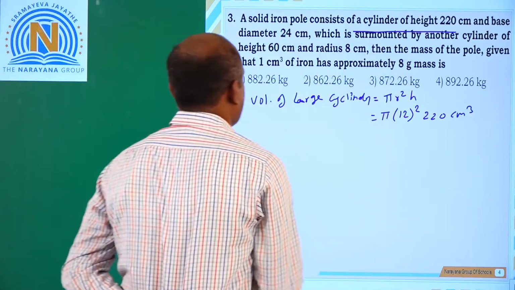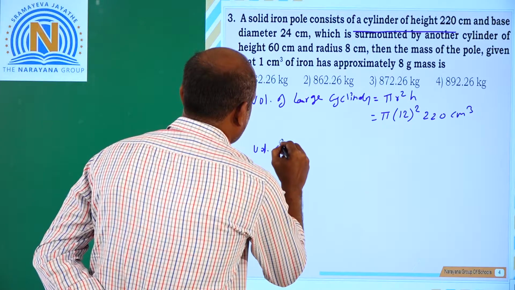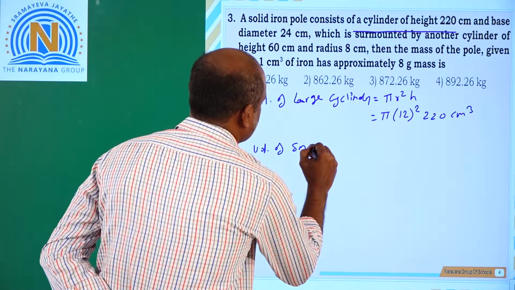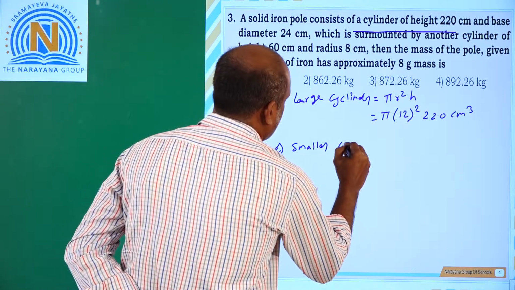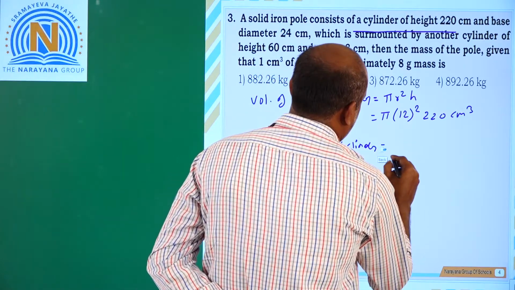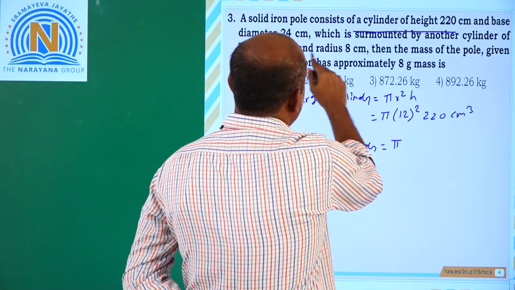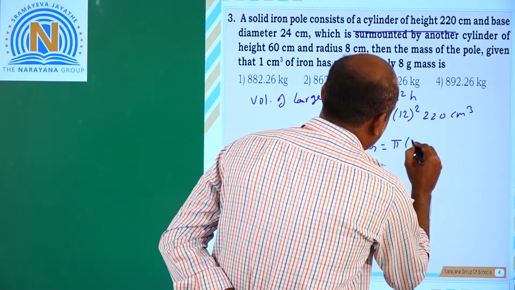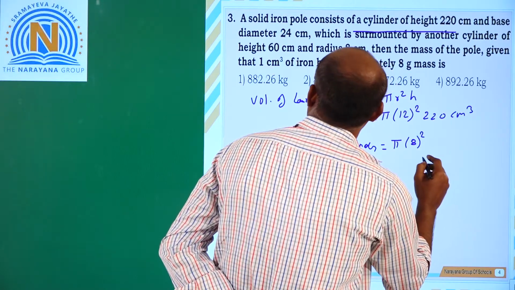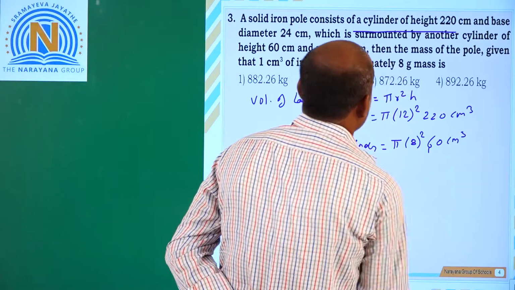This is the volume of the larger cylinder. Now the volume of the smaller cylinder is pi into 8 whole square into 60 centimeter cube, with height 60 centimeters and radius 8 centimeters.